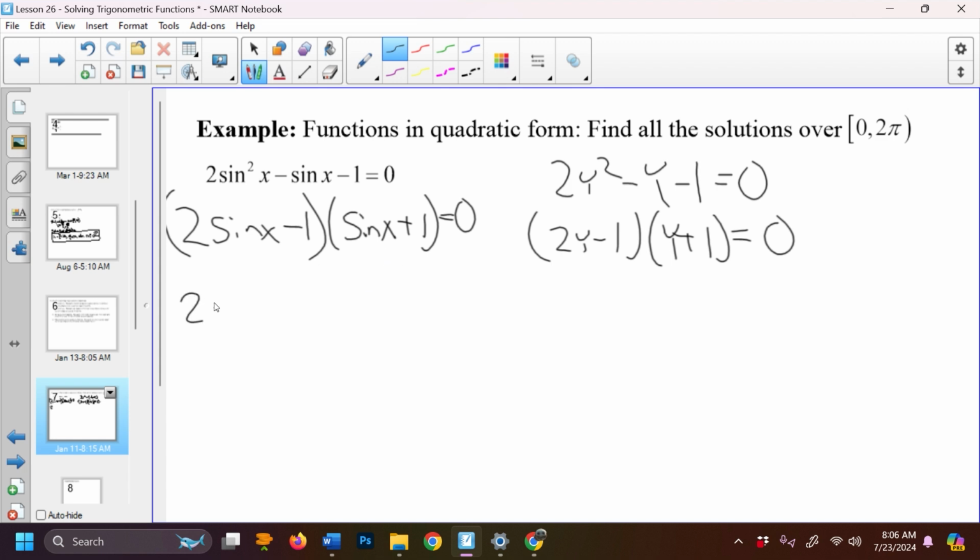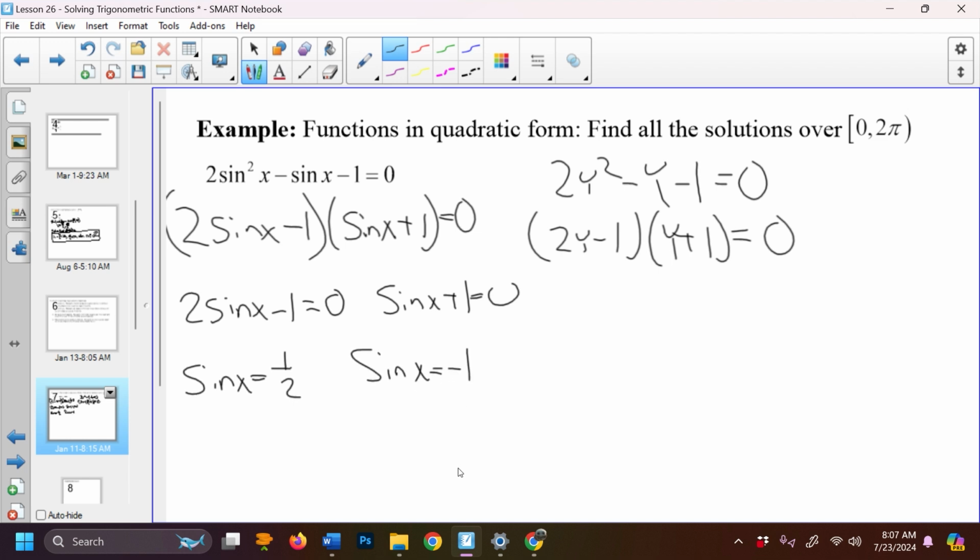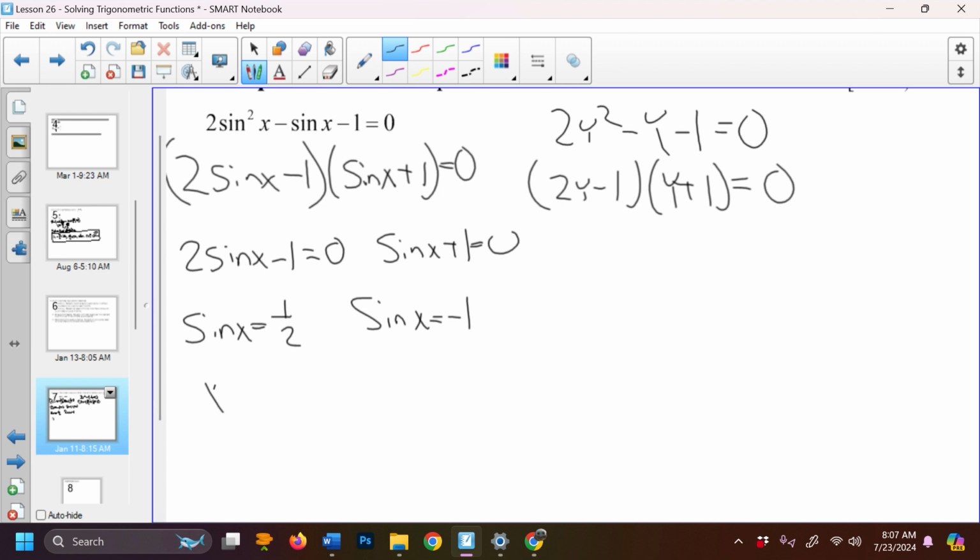So it goes 2 sine x minus 1 equals to 0, and then sine x plus 1 equals to 0. Getting sine by itself, I get the sine of x is equal to 1/2, and I have the sine of x is equal to negative 1. And we've already solved this a couple times in this lesson, so the solutions to this one is pi over 6 and then 5 pi over 6.